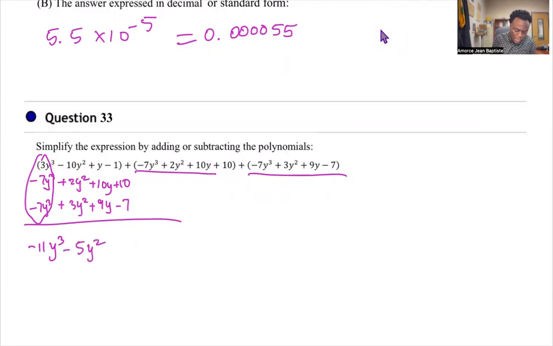So 3 plus 2, 5. 5 minus 10 is -5. And then 19 minus plus 1, that's 20 plus 20y. And then you have 10 minus 7 is 3. 3 minus 1 is 2 plus 2. So this equals -11y cubed minus 5y squared plus 20y plus 2.